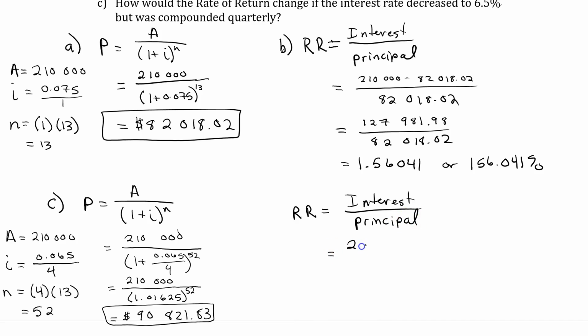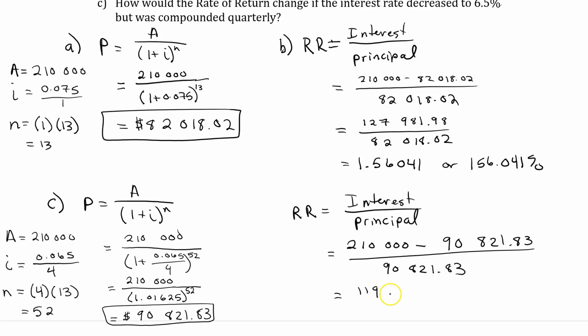So the interest is still going to be 210,000 minus the present value that we just calculated, so 90,821.83, over the principal, which is 90,821.83. So when we do that, we get $119,178.17 in interest.